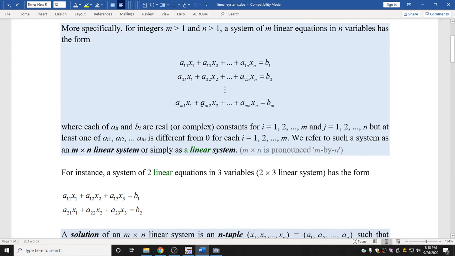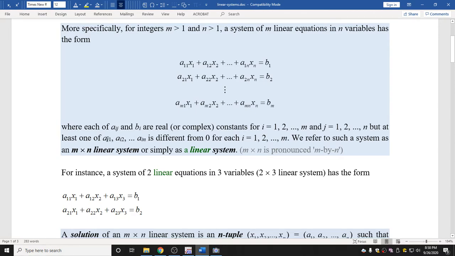am1x1 plus am2x2 plus and so on plus amn xn equals bm, where each of the aij's and bi's are real or complex constants for all values i from 1 to m and j from 1 to n.